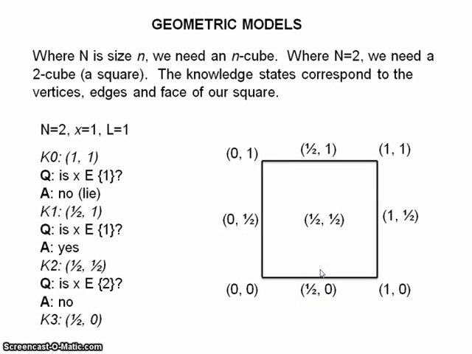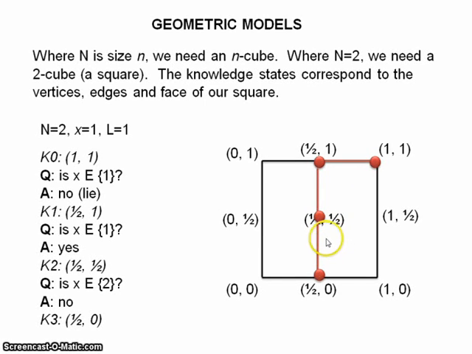It's very intuitive. Vertices correspond to states containing only whole numbers. The edges and the face correspond to states containing half. So this game here is very easily modelled. We begin at 1, 1. We move left to 1/2, 1, then down to 1/2, 1/2, and finally down again to 1/2, 0, which is a solution state.